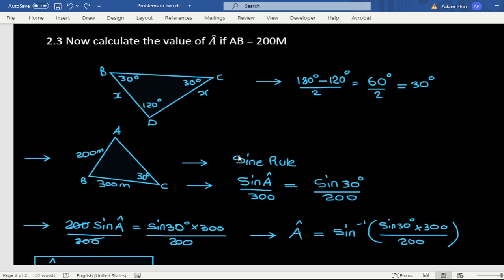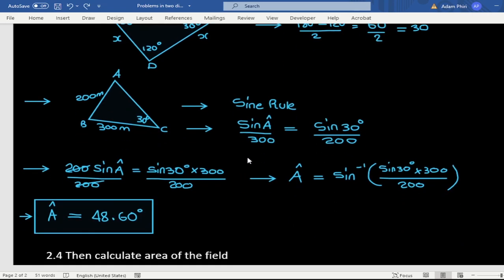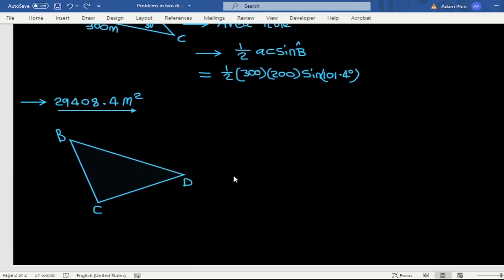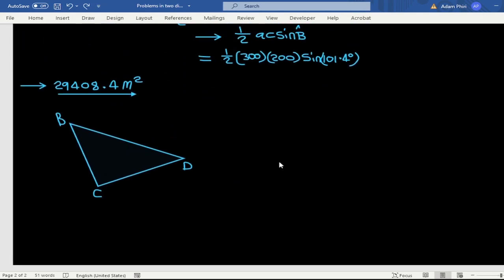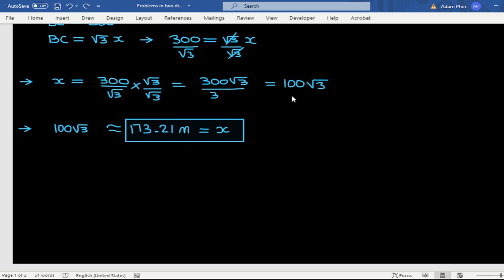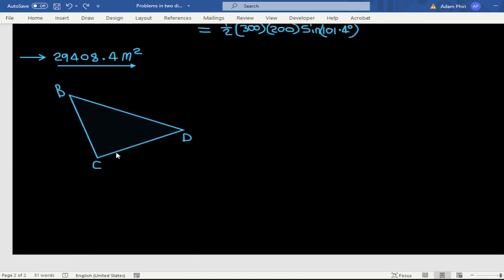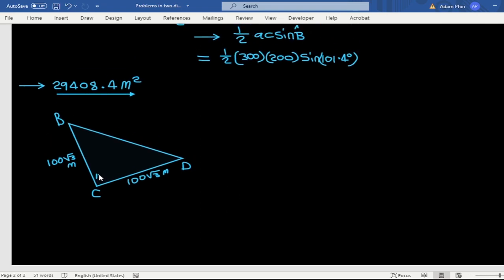Checking the previous answers, we have X as 100 root 3, and BC is also going to be the same since they're equal, 100 root 3 meters. That angle is 120 degrees, and the other two are 30 degrees.